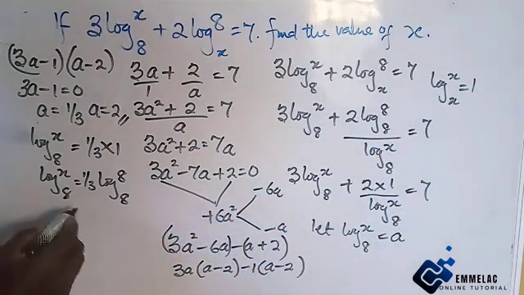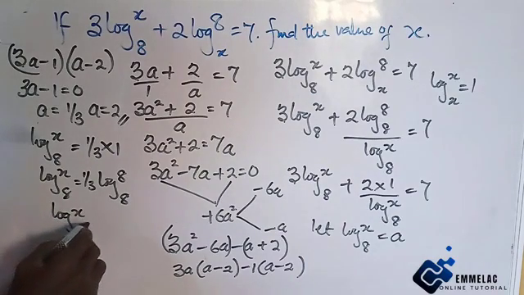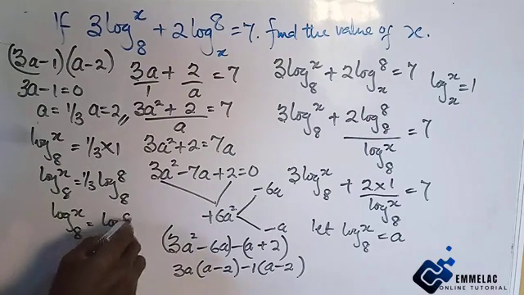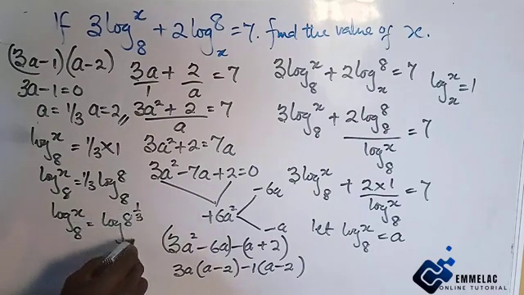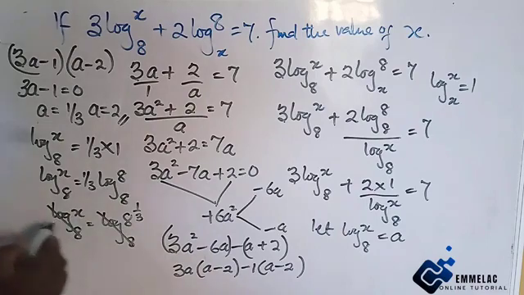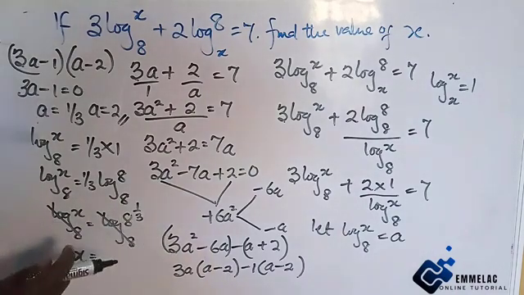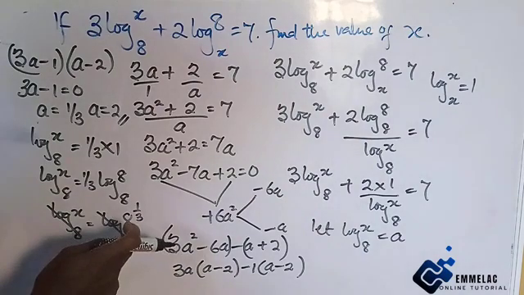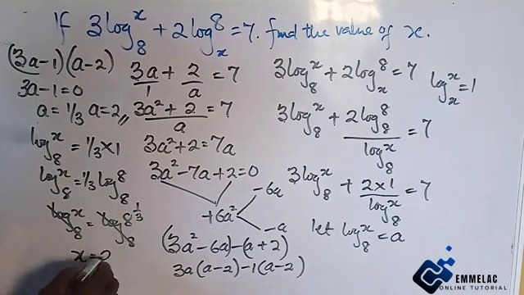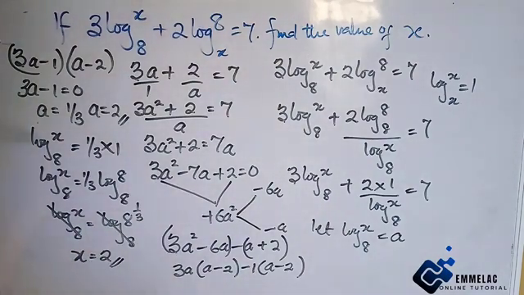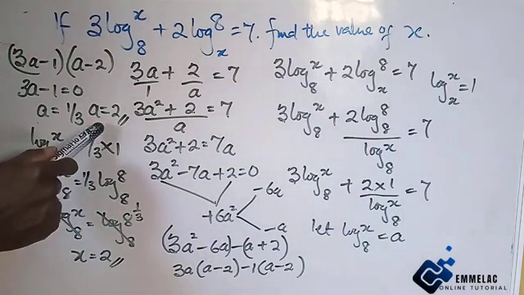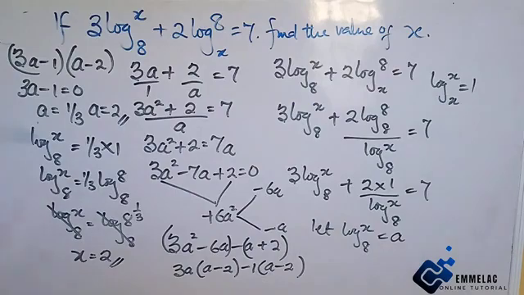So log x base 8 equals log 8 to the power of 1 over 3 base 8. So here we cancel out. So our x now gives us the cube root of 8, which is 2. So x equals 2.